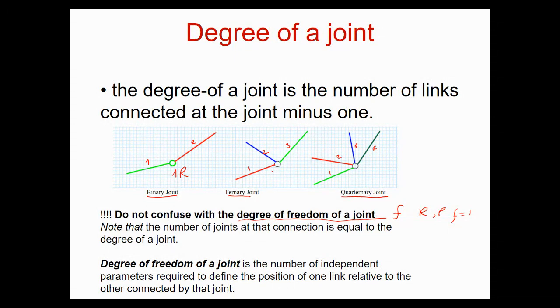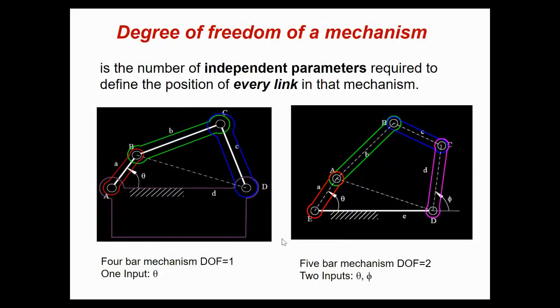Here you have 2 revolute joints, because you connect 1 and 2 and 1 and 3 to each other, and here you have 3 revolute joints connecting the links. So the degree of a joint and the degree of freedom of a joint are 2 different things. That's what I wanted to emphasize.